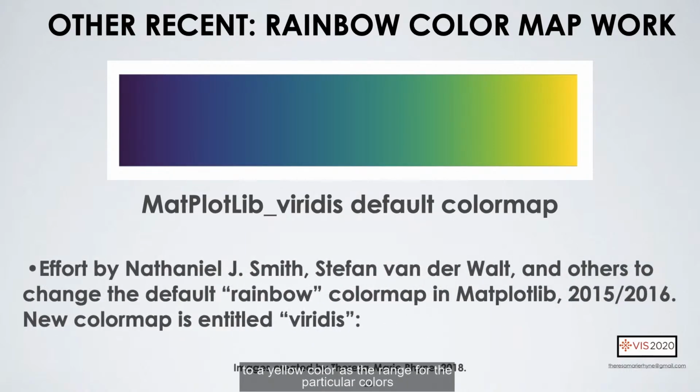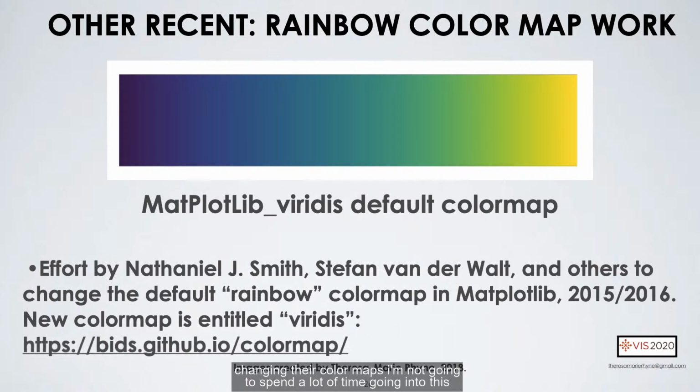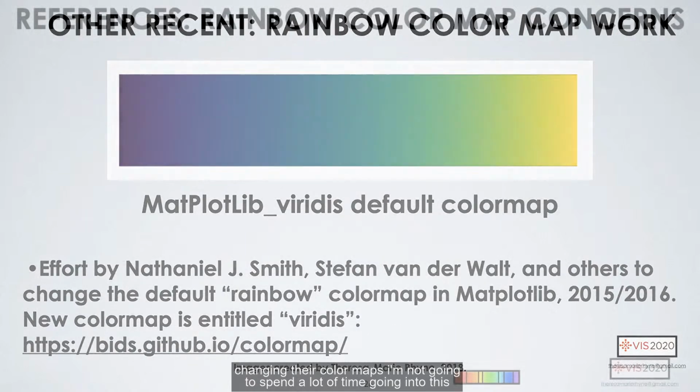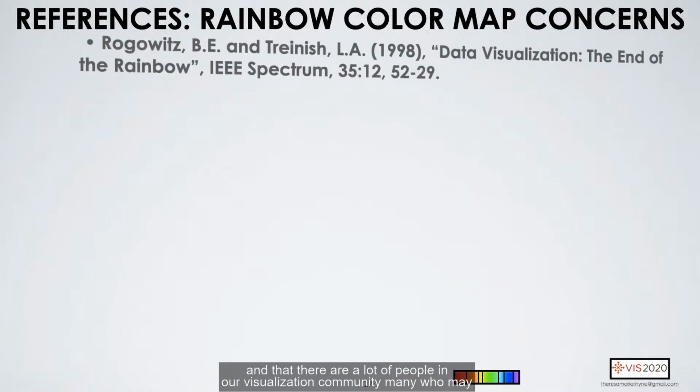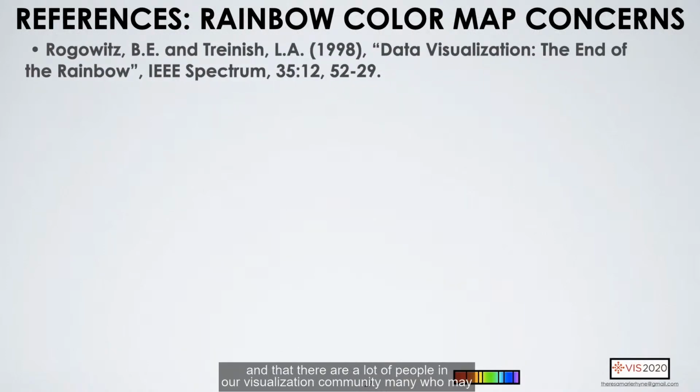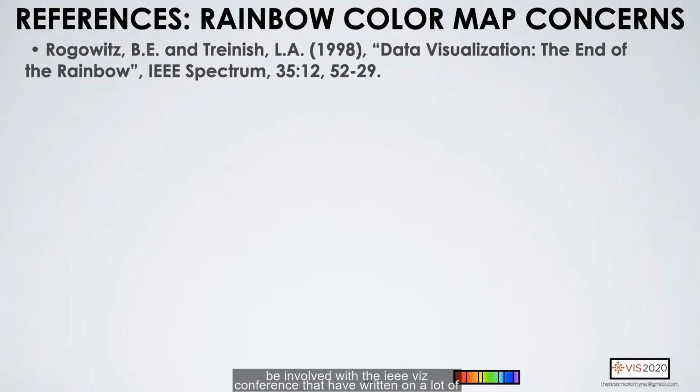You can read about how they came up with changing their color maps. I'm not going to spend a lot of time going into it, but it's important, and there are a lot of people in our visualization community, many who may be involved with the IEEE VIS conference, that have written on it. A lot of this work has been presented at the conference.